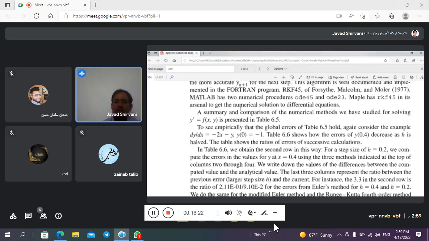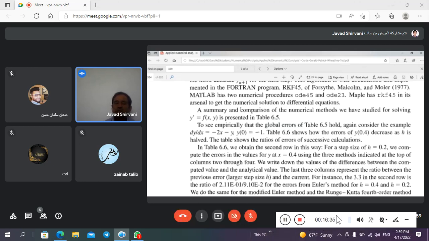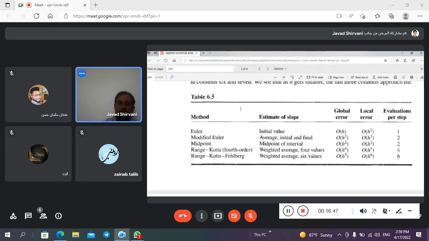You can see the comparison of the numerical methods we have studied for solving differential equations, for example, y prime equals f at the point x and y. You can see that in table 6.5 here.